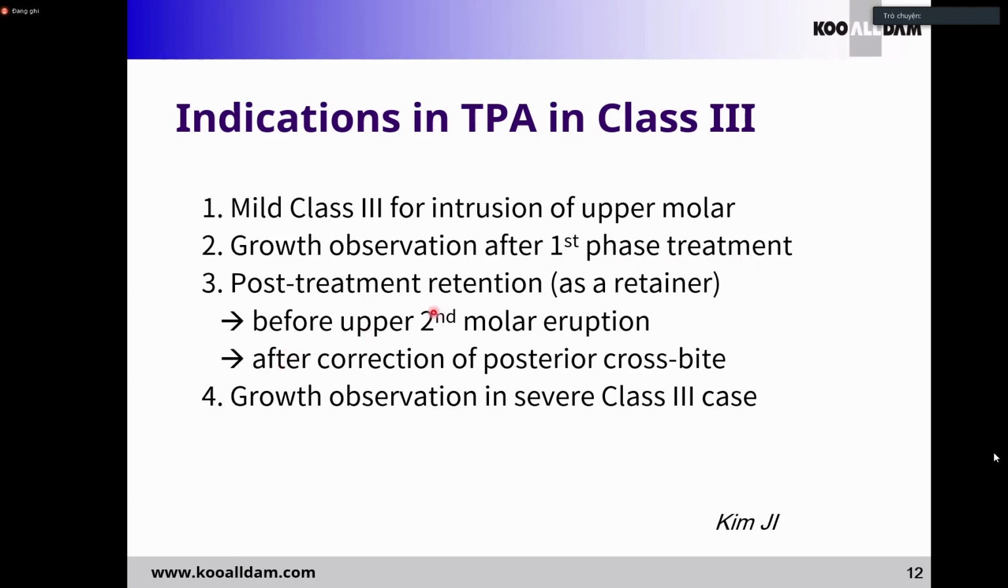Third, post-treatment retention. We can use this TPA as a retainer, especially before upper second molar eruption and after correction of the posterior crossbite. And also finally, the growth observation in severe class 3 surgery case.